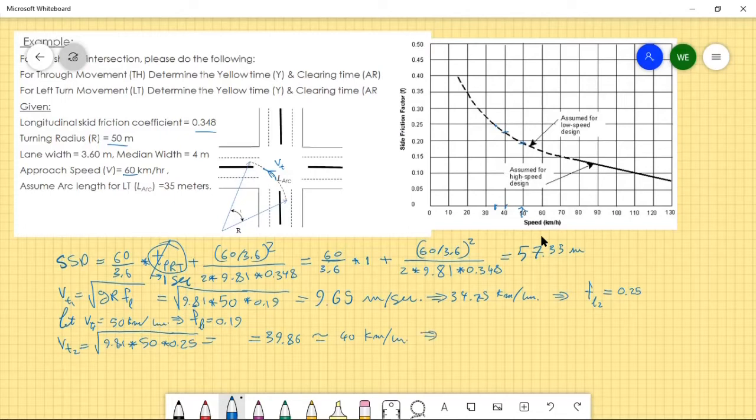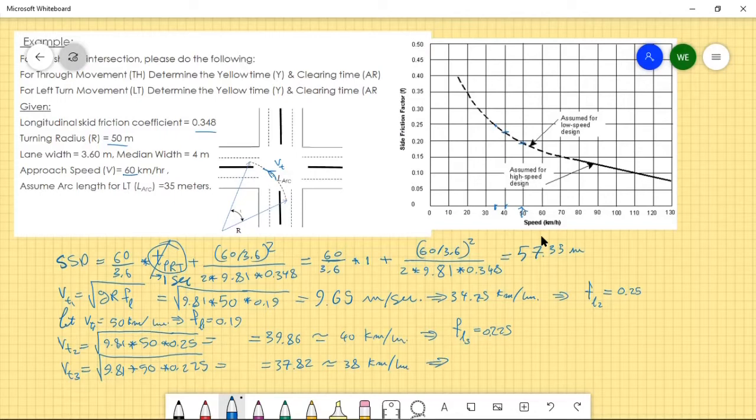So here we have f_L3 equal to 0.225. So VT3 equals the square root of 9.81 multiplied by 50 multiplied by 0.225, which equals 37.82, which is almost 38 kilometers per hour.